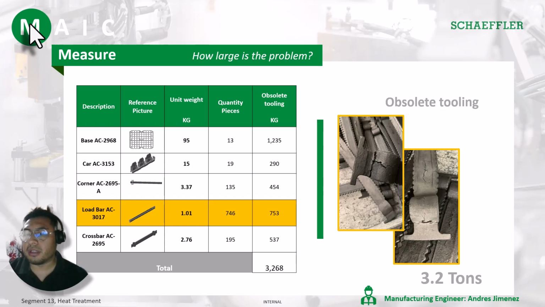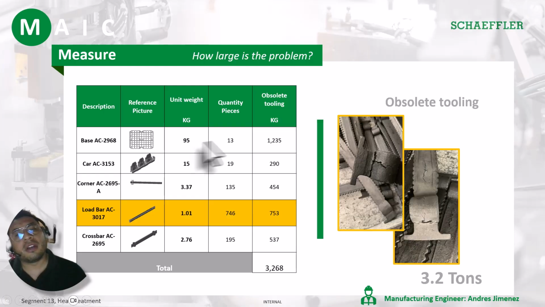The next letter is the letter M, where you can find all the measurements that we took at that moment. In this table you can find all the tooling that we found damaged, the weight of each piece, and the quantity of pieces that we found. If you multiply these pieces by their kilograms, you can find the tons that we had.